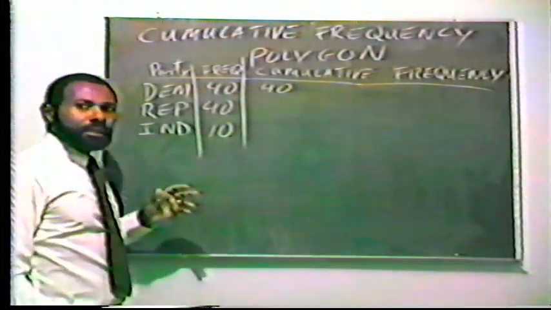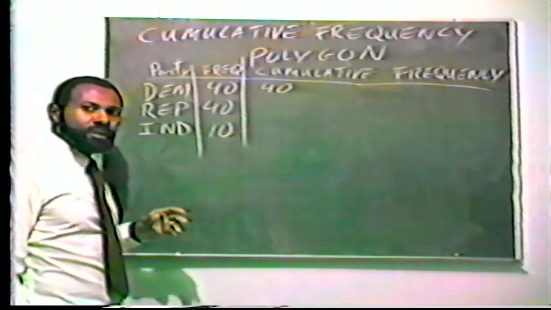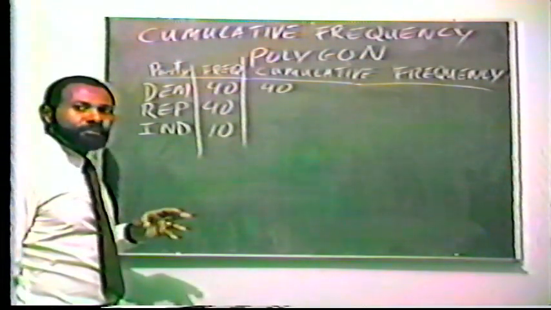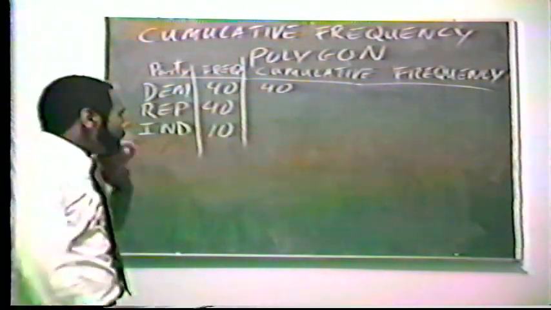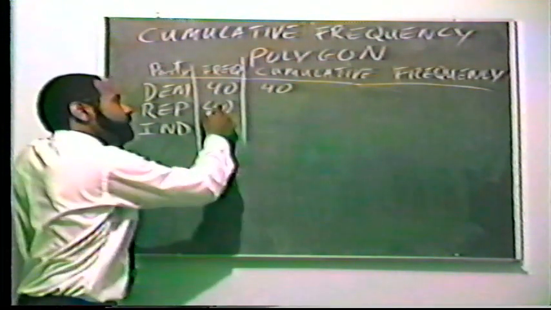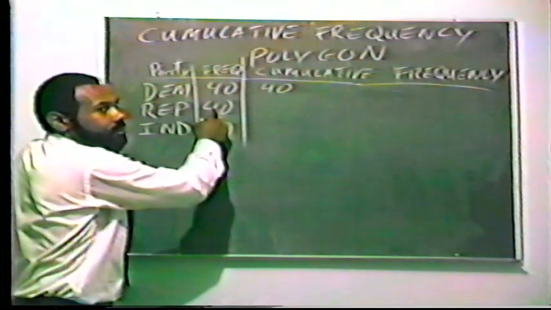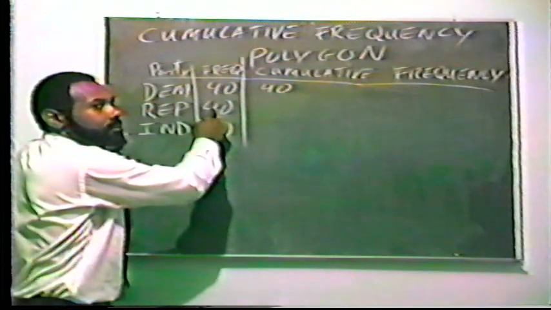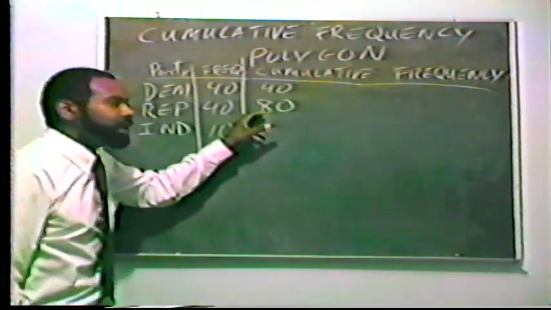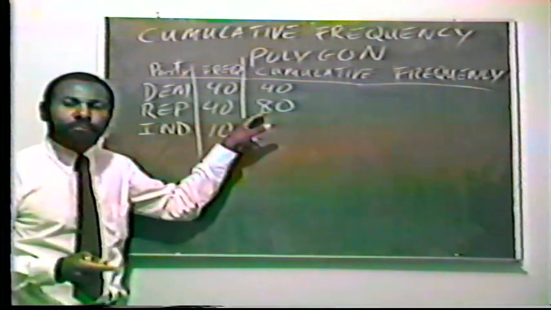We've only checked 40 survey forms that were from Democrats. When we reach the second row, we have 40 additional individuals, making a total of 80. 80 is the cumulative frequency at that point.